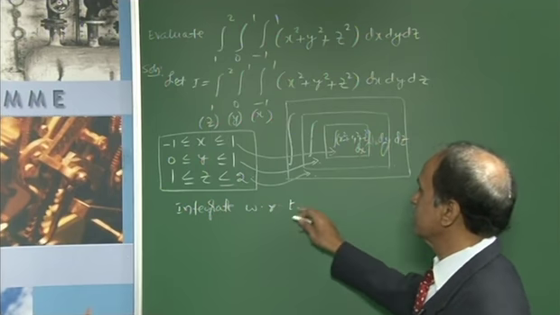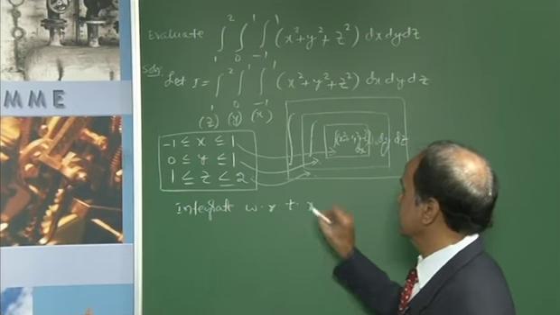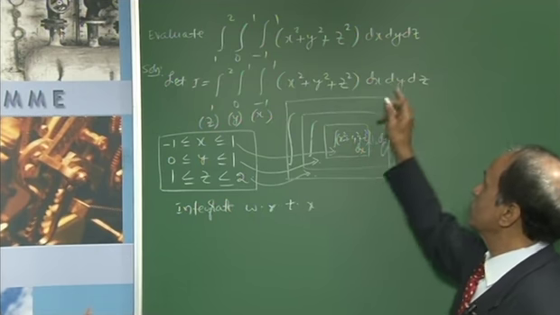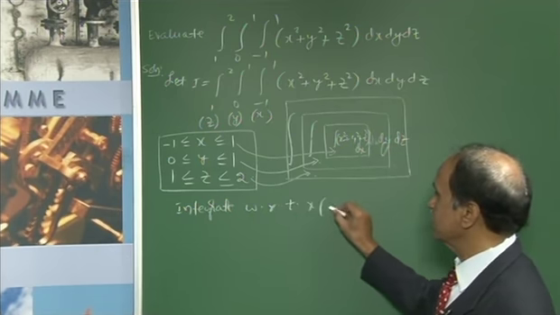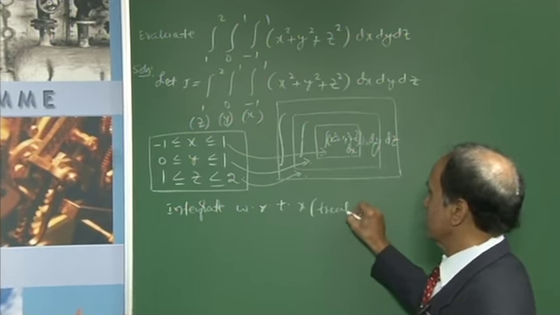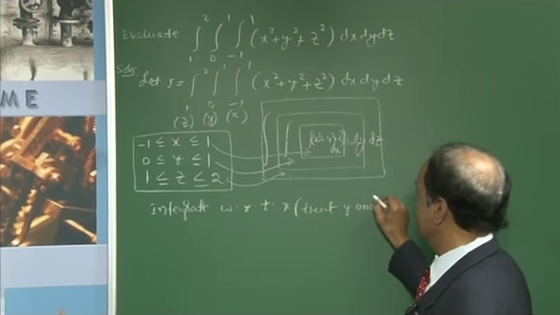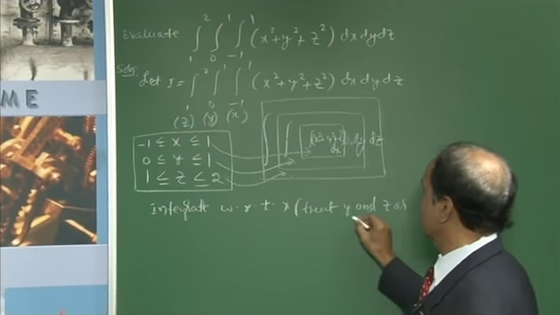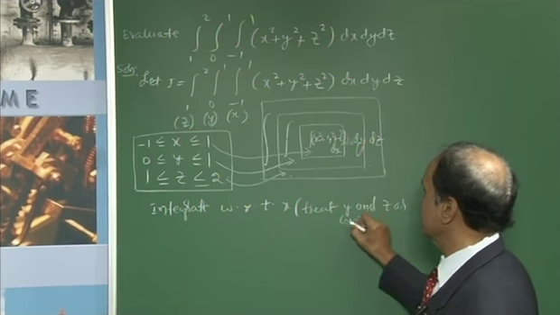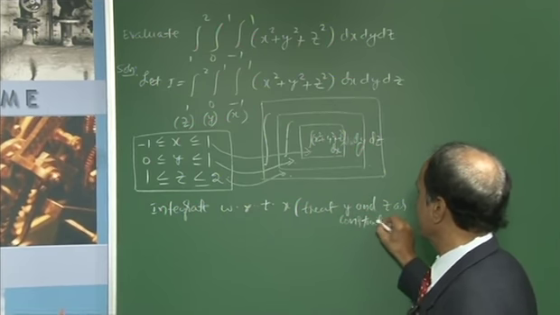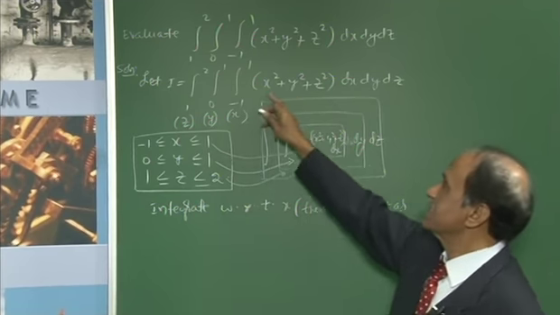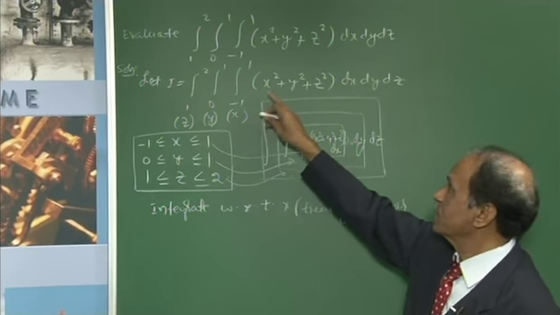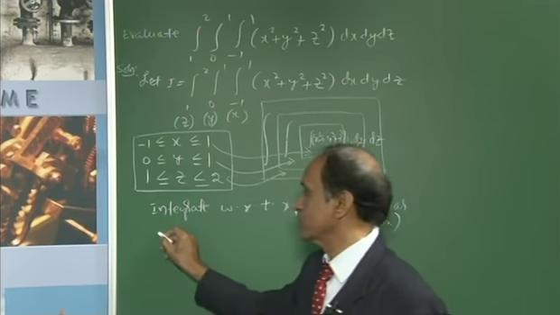Now integrate with respect to x. Then what about y and z? At that time treat y and z as constants, that means temporarily constants. Now you will integrate term by term, that is x square, y square and z square.